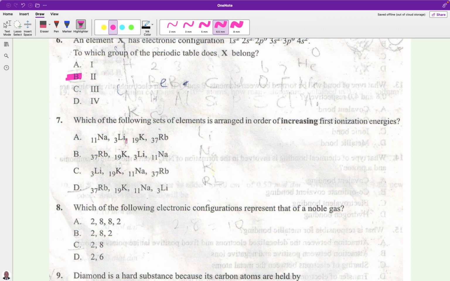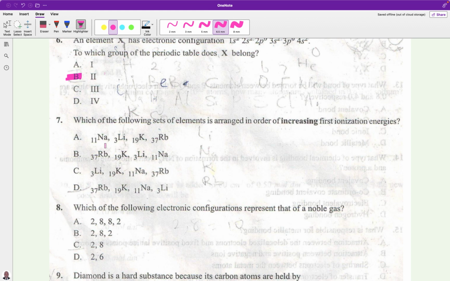Now, these are all group 1 metals. As you go down the group, what happens to the first ionization energy? It decreases.